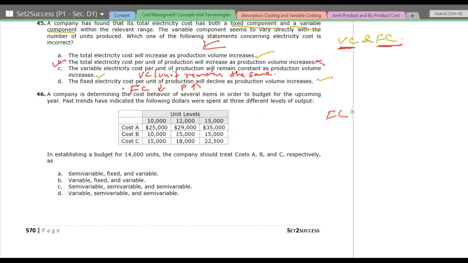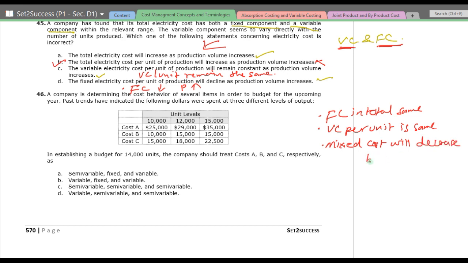Fixed cost in total is the same. Variable cost per unit is the same. And mixed cost, or semi-variable cost, will decrease on a per unit basis.